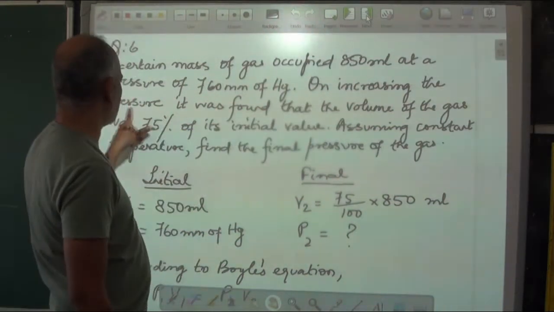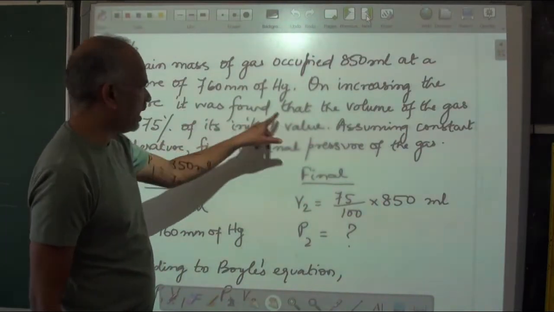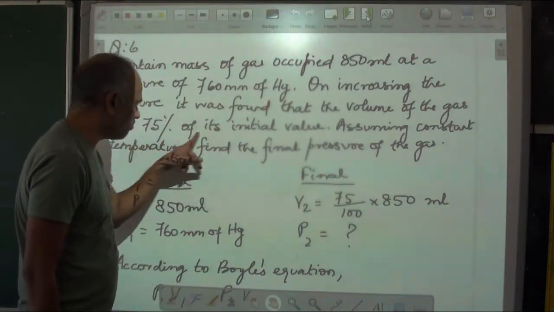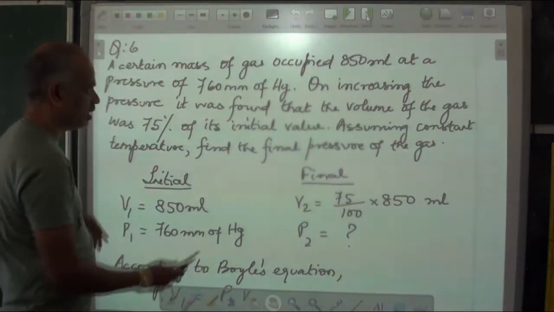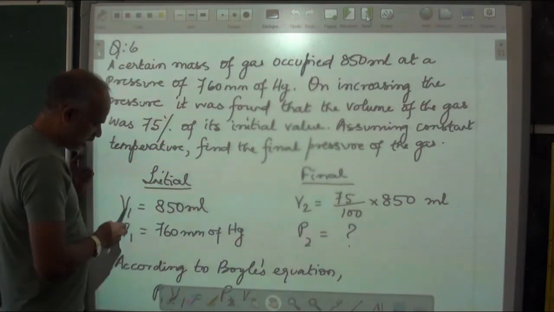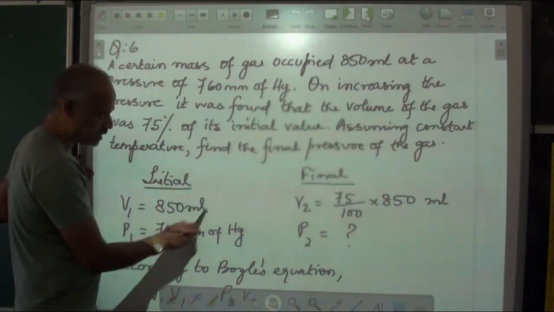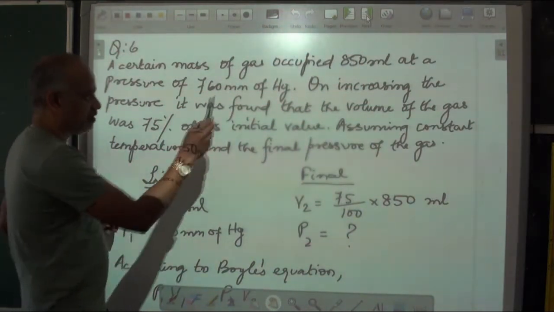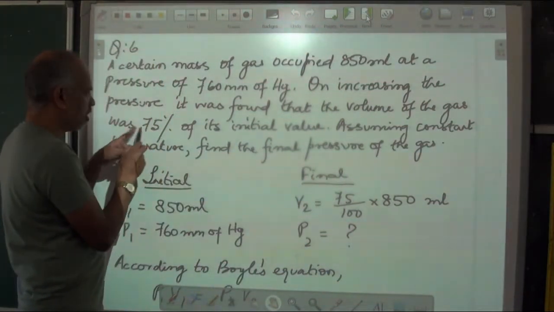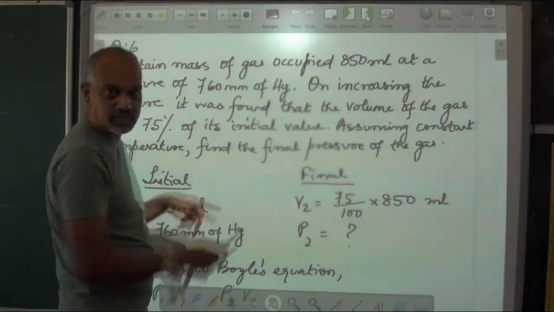On increasing the pressure, it was found that the volume of the gas was 75% of its initial value. Initial value was this. So the final volume, that is V2, it says was 75% of its initial value.